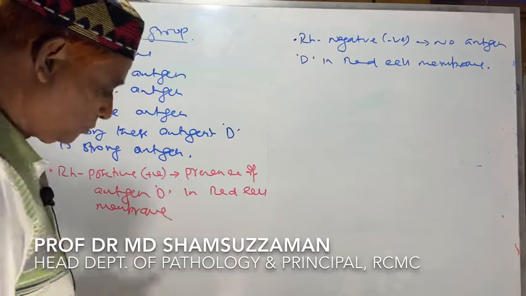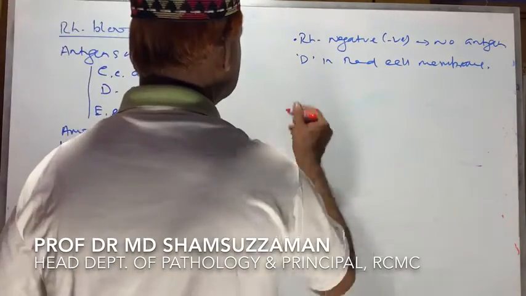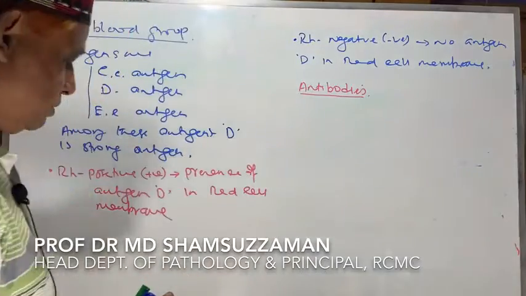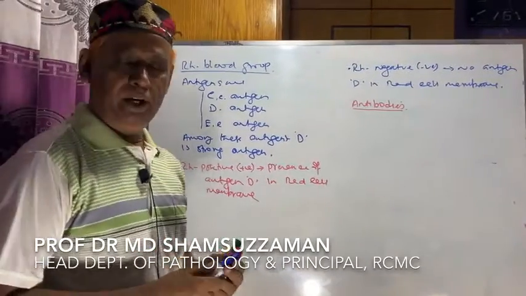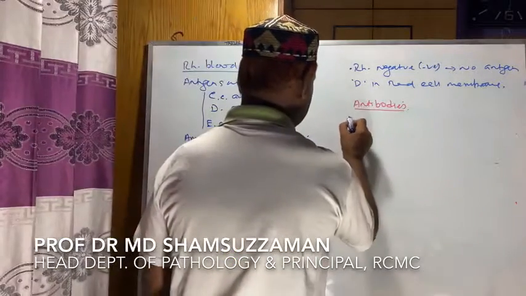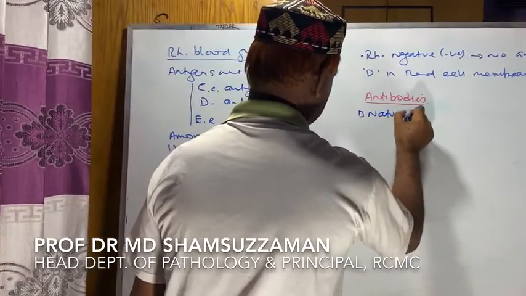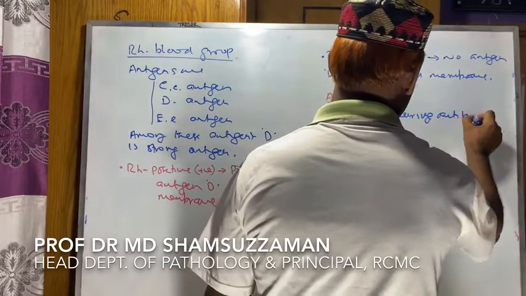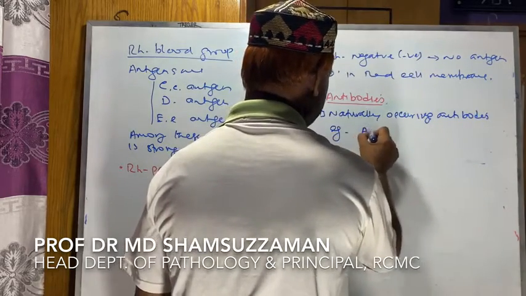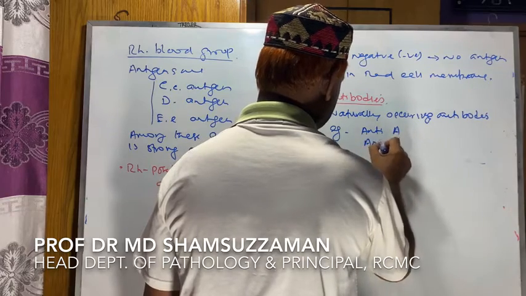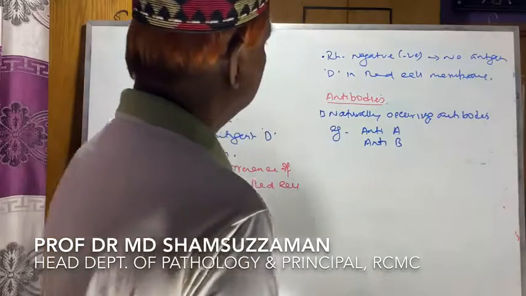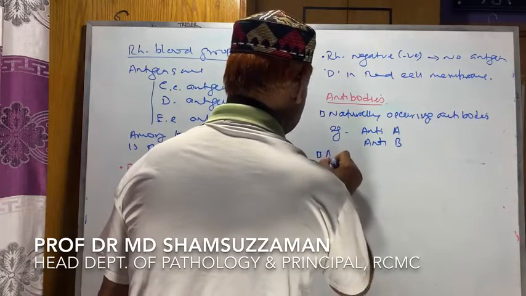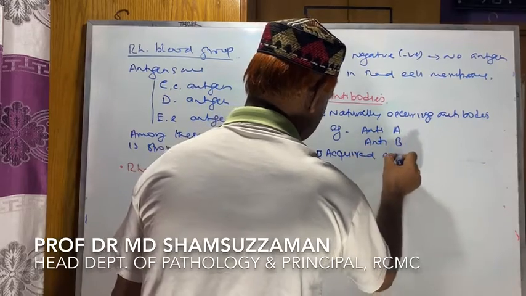Now come to antibodies. The antibodies may be naturally occurring antibodies, like anti-A and anti-B, and acquired antibodies.